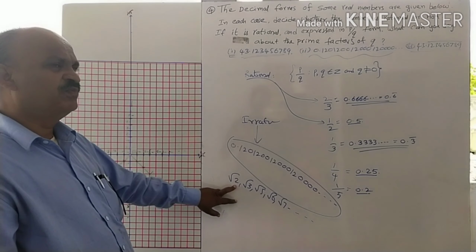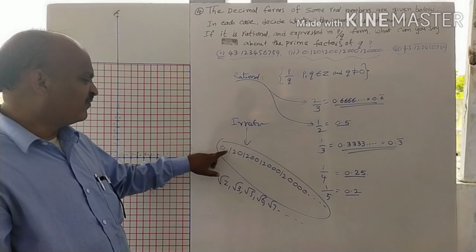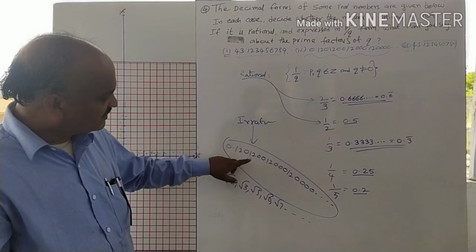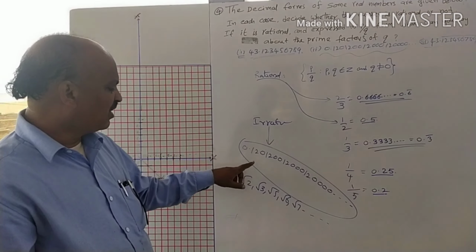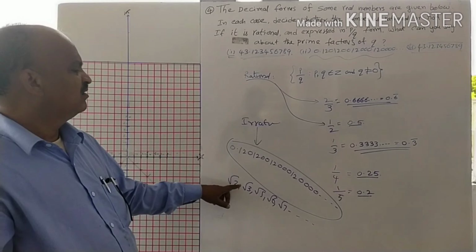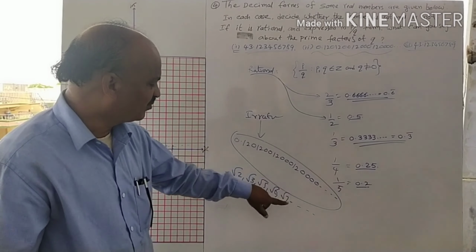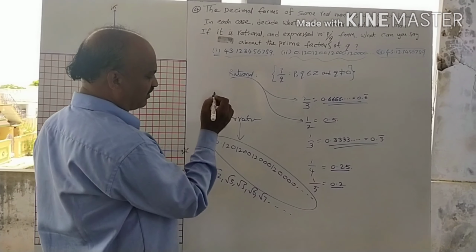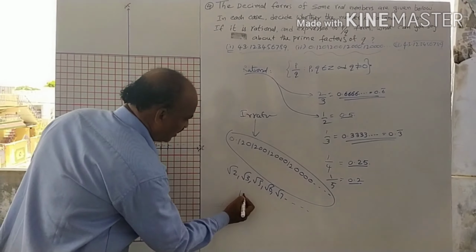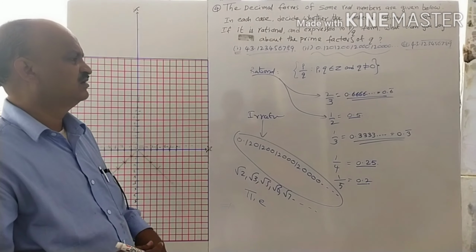These are also in decimal form, where the digits are not repeating. It is non-recurring, non-ending. That means non-repeating decimals. Also pi, e, these are irrational numbers.